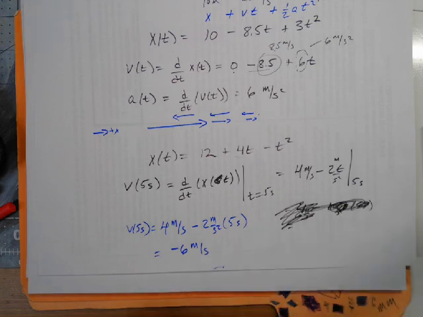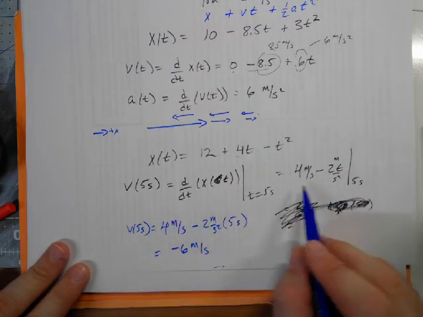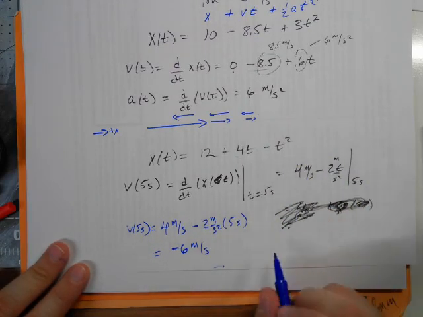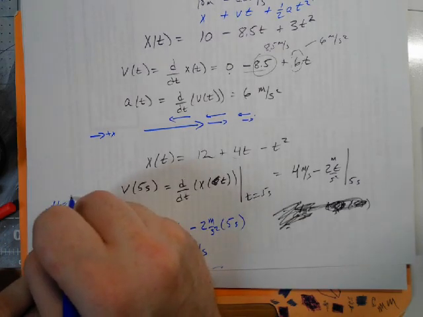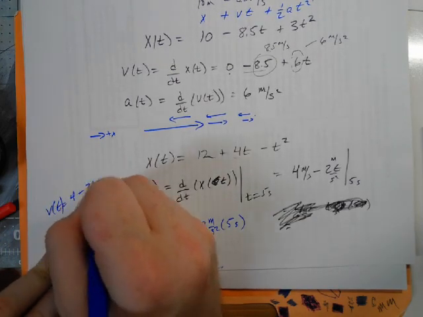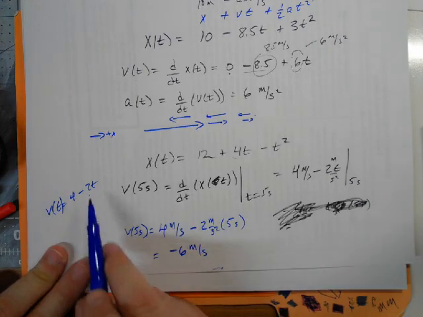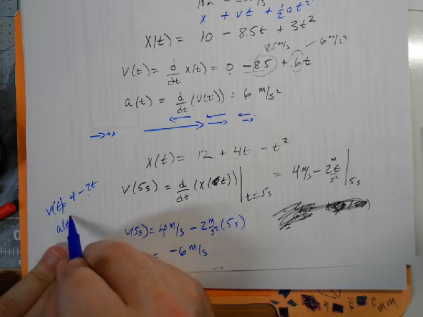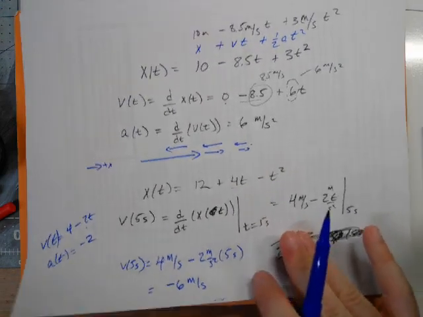And if we want to know the acceleration in this problem at a certain time, well, once we take the derivative of the thing that we worked with, right, our v of t is 4 minus 2t. Well, the derivative of that is minus 2. So a of t is minus 2 meters per second squared.